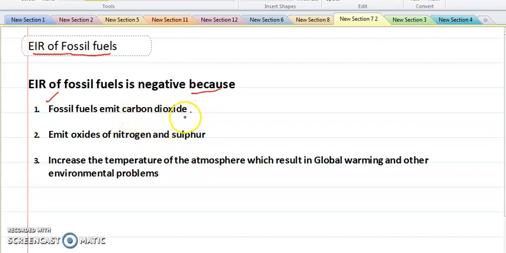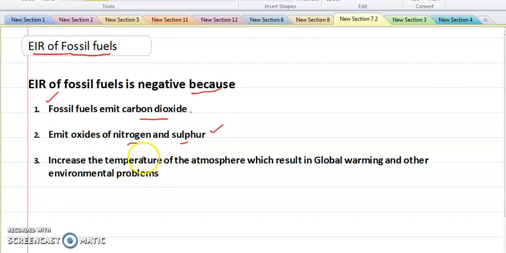So if any activity, any machine will release carbon dioxide, then we will say its EIR is negative. So this is the first reason for its EIR to be negative. It also emits oxides of nitrogen and sulfur, which actually come in the category of the greenhouse gases. So we will also say that the EIR is negative because of this reason.